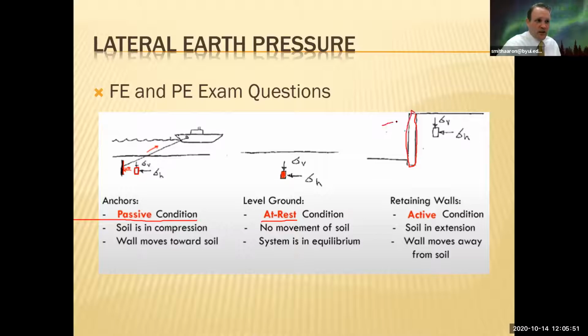If I pushed into the wall with some force, just pushed it straight in, not trying to tilt it over, straight into that big soil mass behind it, the soil would resist that compression with a coefficient. When soil is being compressed, we call that a passive condition, and the wall is moving towards the soil.